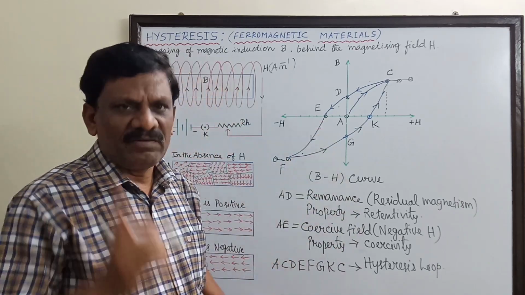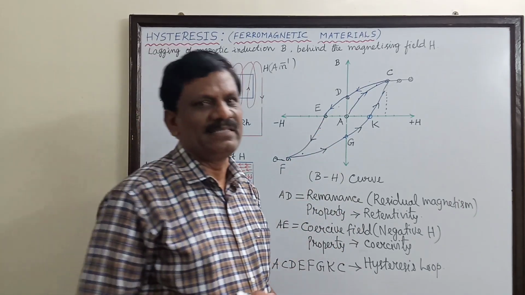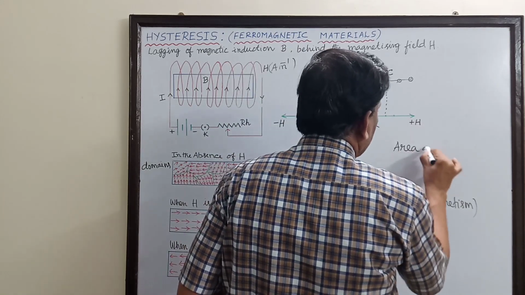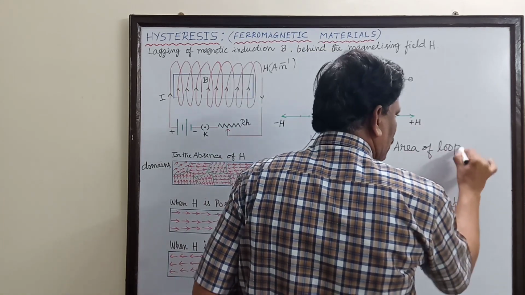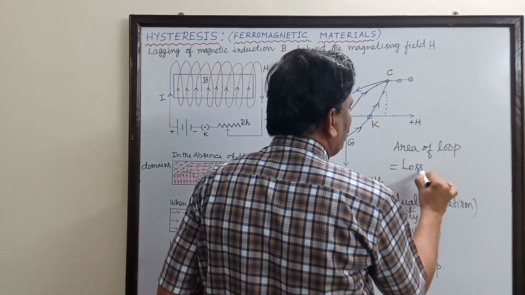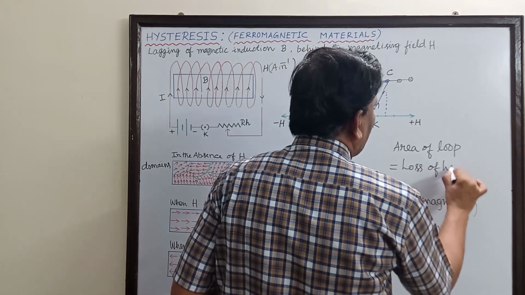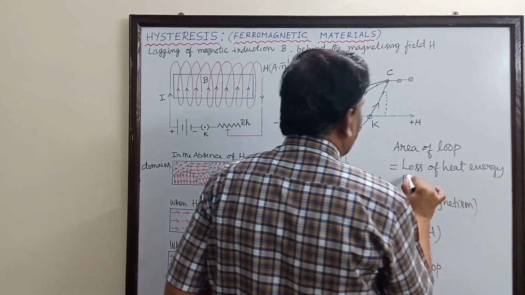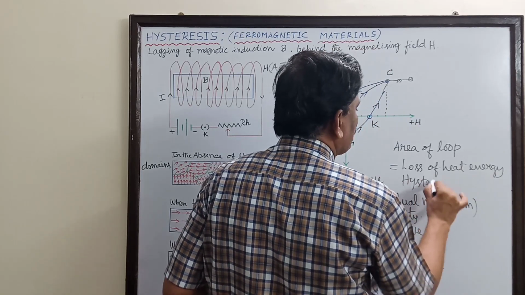So the area of the loop is a very important characteristic here. The area of the loop is equal to the loss of heat energy. Understand? And this is called by the name hysteresis loss.